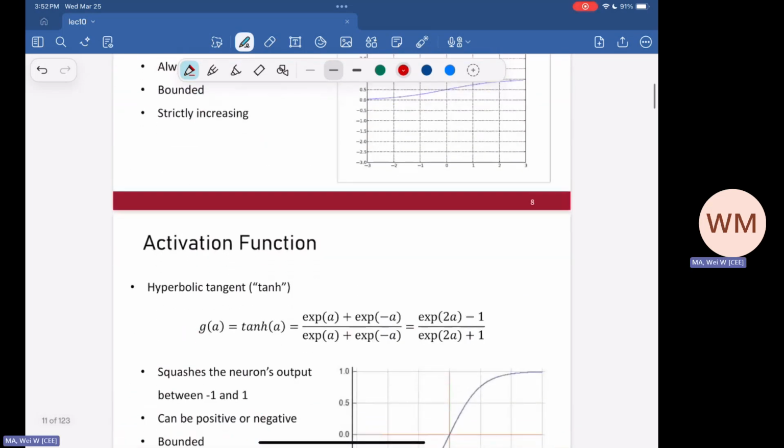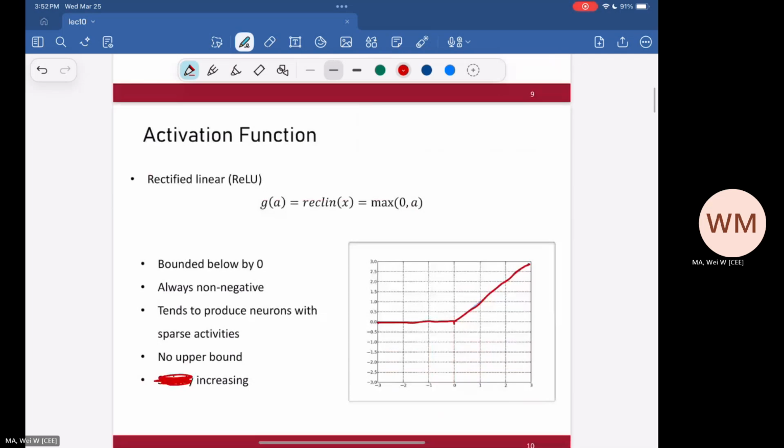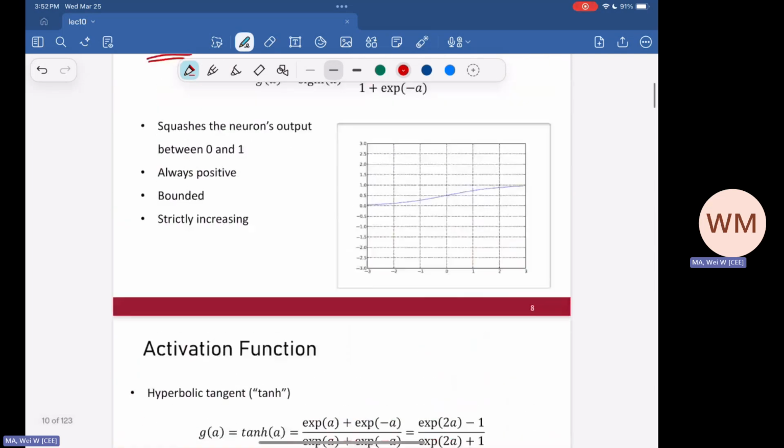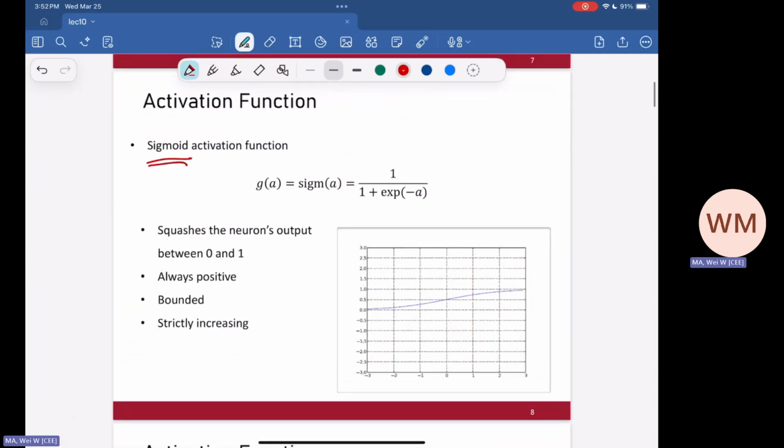Let me add a few more things. When you train a neural network, you are going to calculate the gradient. You need the derivative of this activation function, because later you need to do gradient descent and backpropagation. So what is a disadvantage of sigmoid or tanh?